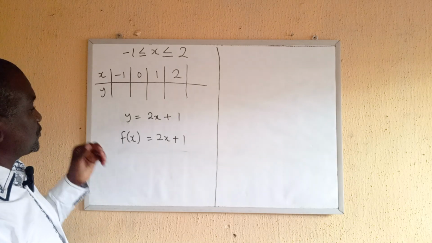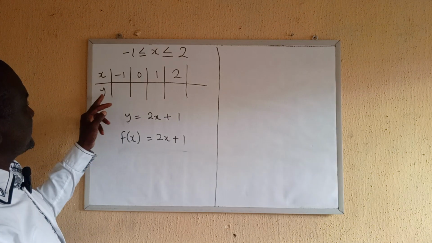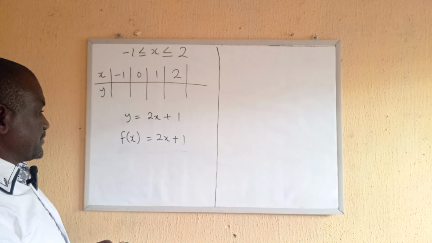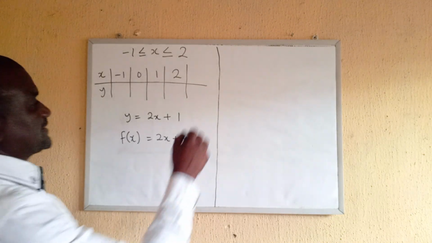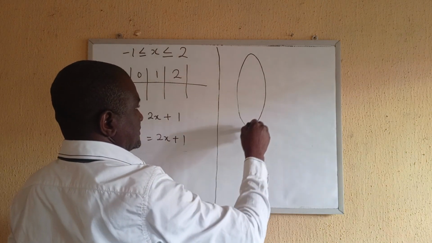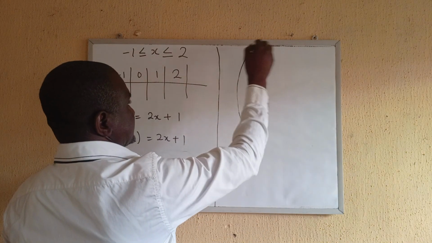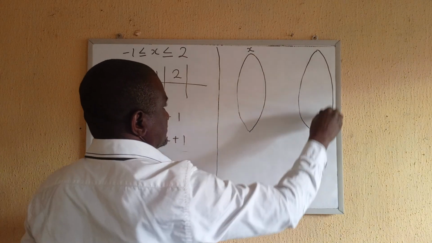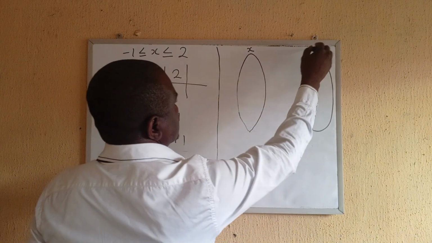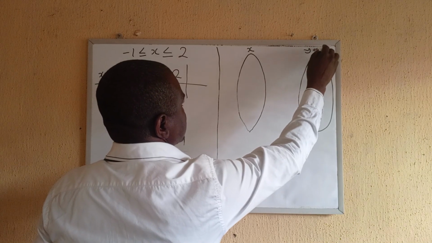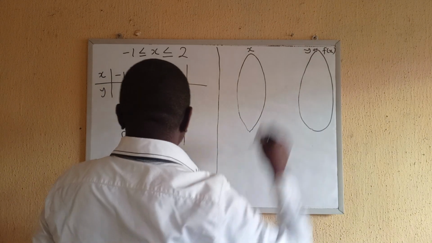Now we want to get these values of y, which is the dependent variable. So in our chart, we'll have a domain, this is x, and we have a codomain, this is y, or we used to represent f of x, the same thing.